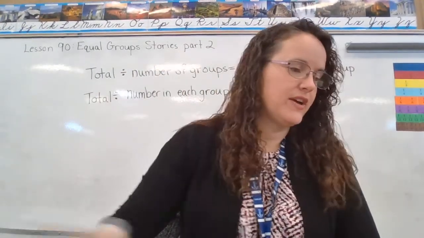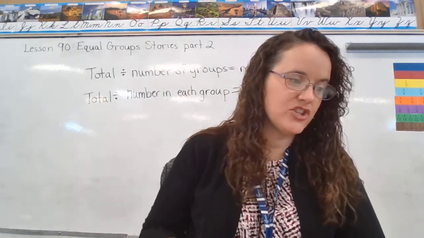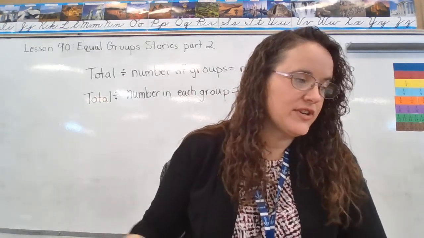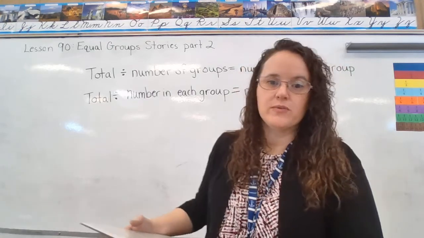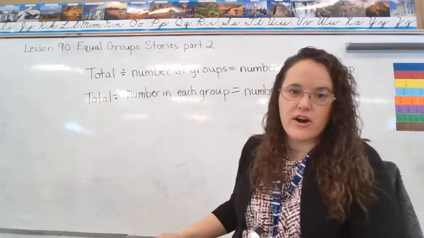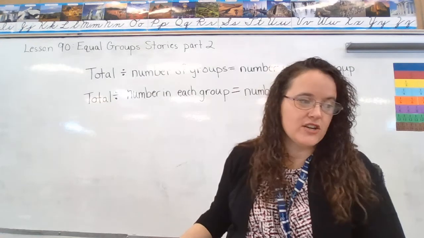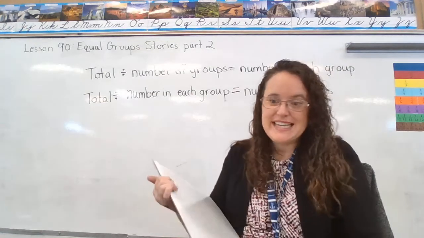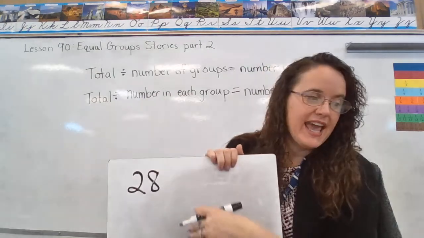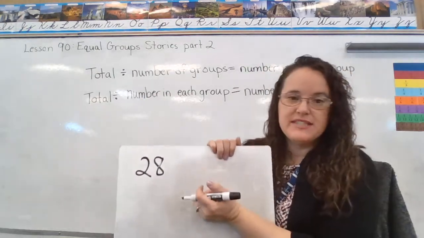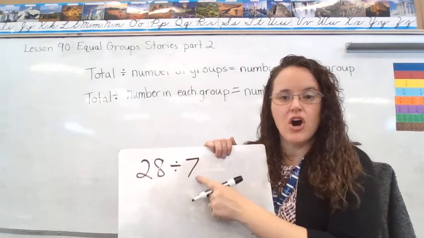So let's use these formulas, these equations, to answer some practice problems. 28 children are going on a field trip. 7 cars are available to drive the children. If the children are divided into equal groups, how many children will ride in each car? So either way, remember we want to start with our total. What's our total? 28 children. 28 children are going to be divided equally into 7 cars.